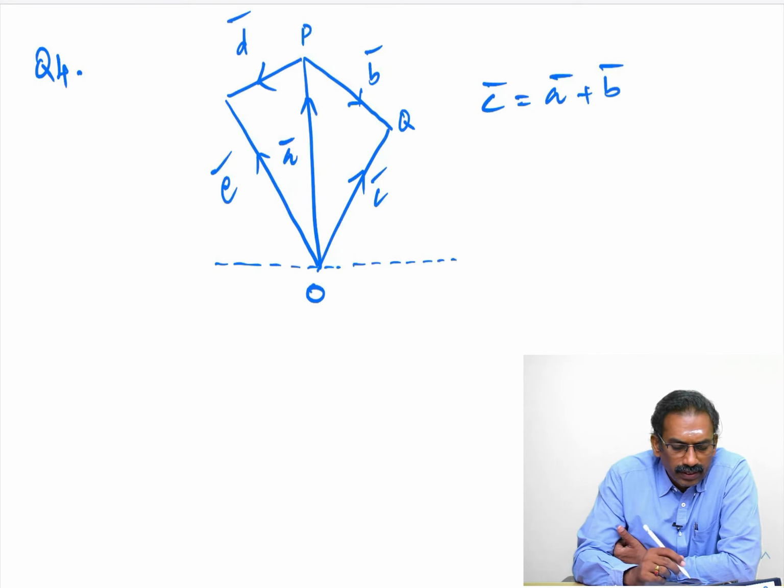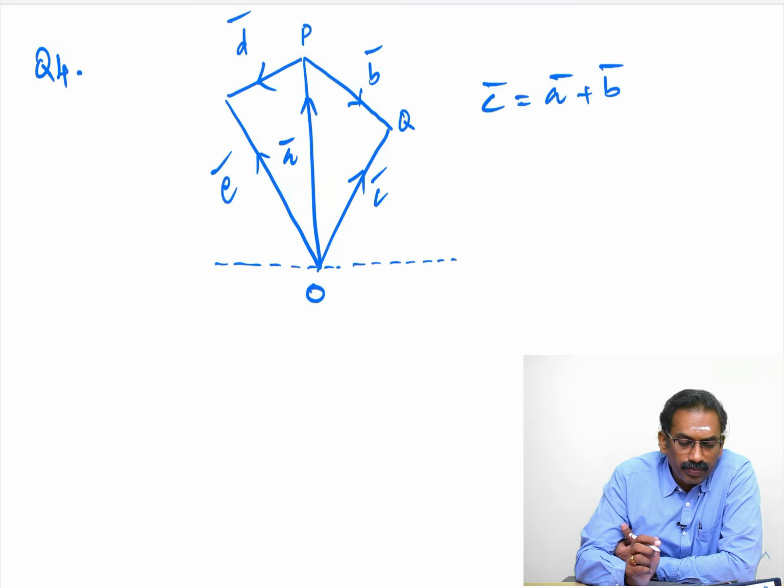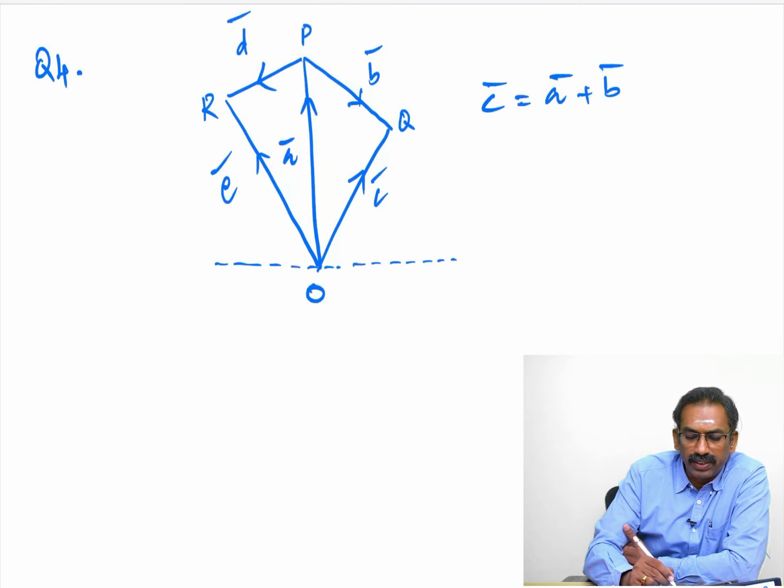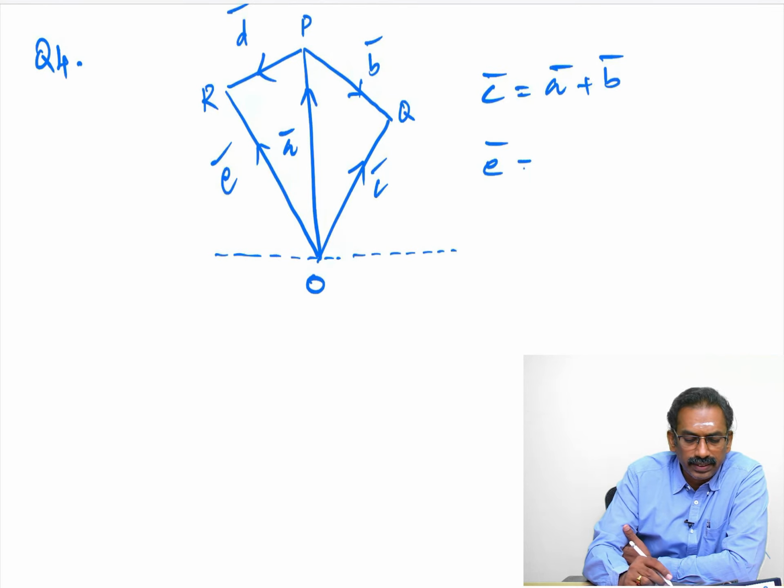Likewise, let us see triangle OPR. OP and PR are the two sides of the triangle, and a vector and d vector are represented by these two sides of the triangle in the same order. Then OR represents the resultant of a vector and d vector. Therefore, e vector can be written as a vector plus d vector.